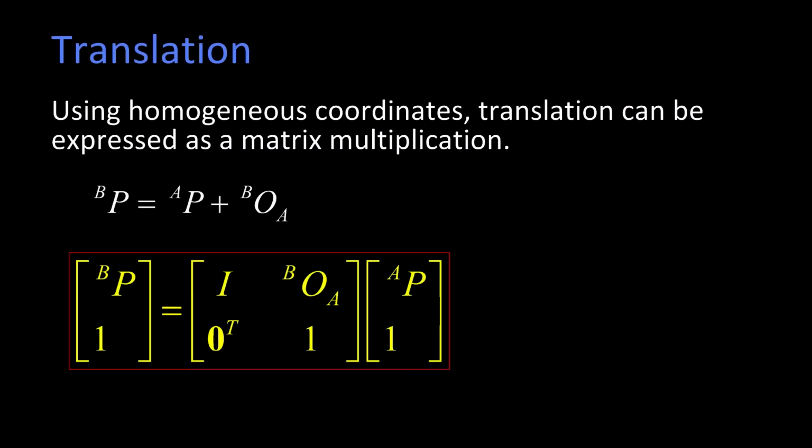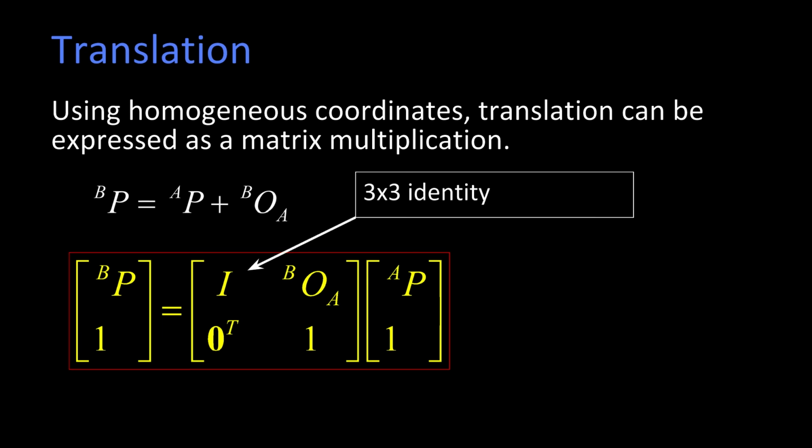The good news is, once again, homogeneous transformations, or I should say homogeneous coordinates, are going to come to our rescue, where translation can be expressed as a multiplication. So we've rewritten this top equation, P in B is equal to P in A plus O_A in B, as this matrix transformation. A couple of things.